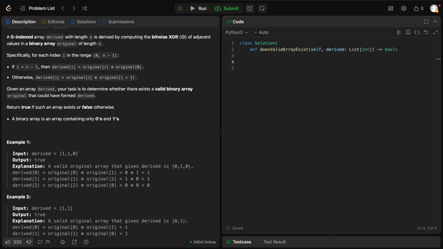So we have some kind of derived. Let's check this example. And each bit at 0 is equal to start 0, so start 1.